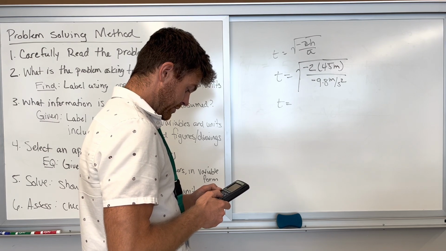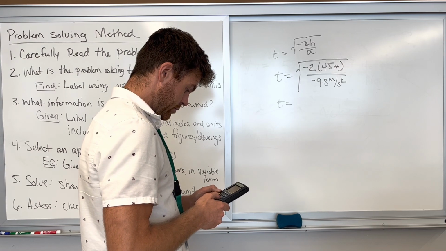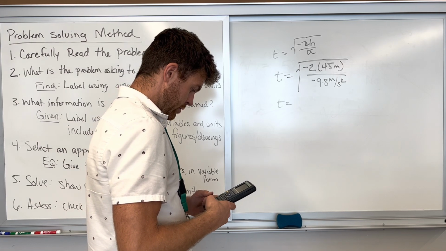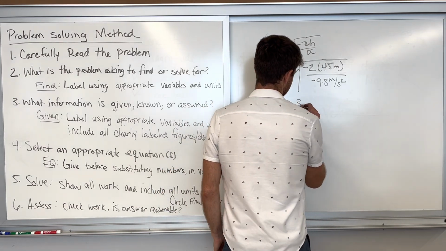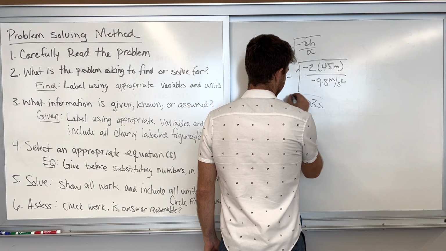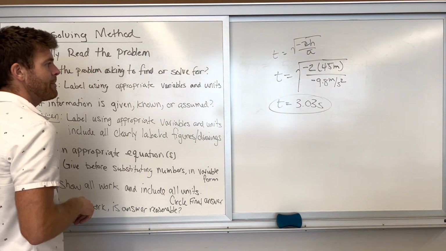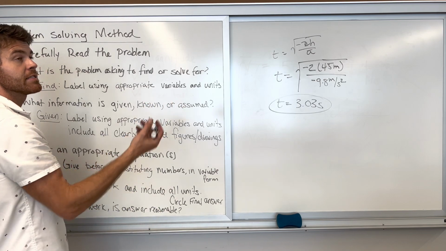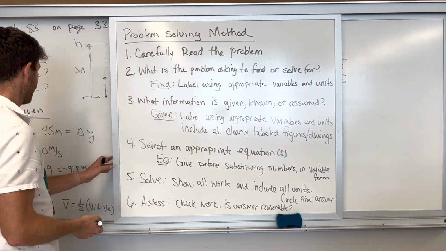We get 3.03 seconds. That seems fairly reasonable, right? So time equals 3.03 seconds. That's how long it takes the ball to get up to our friend 45 meters above us.